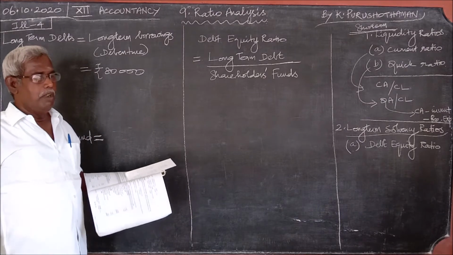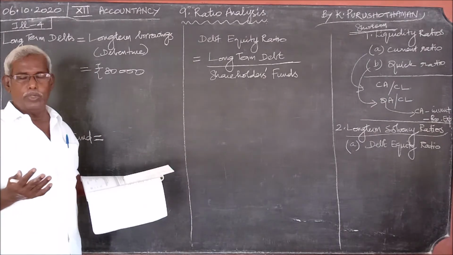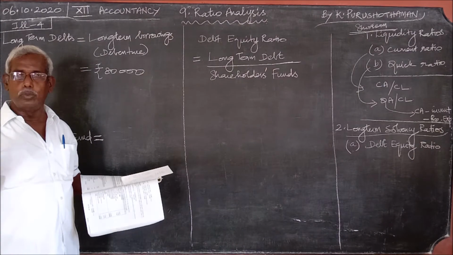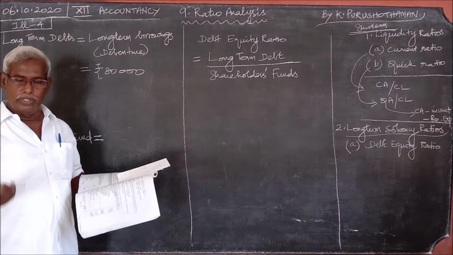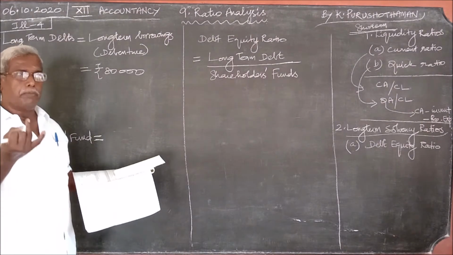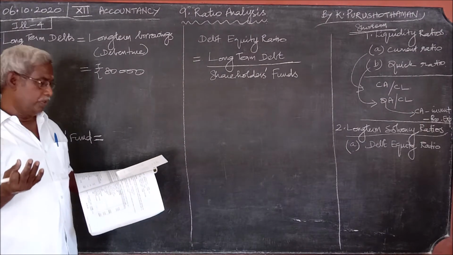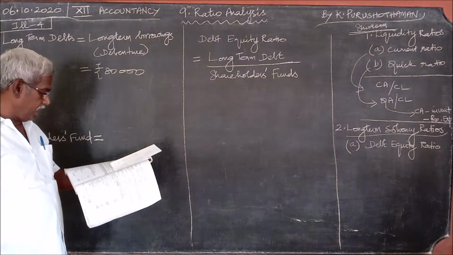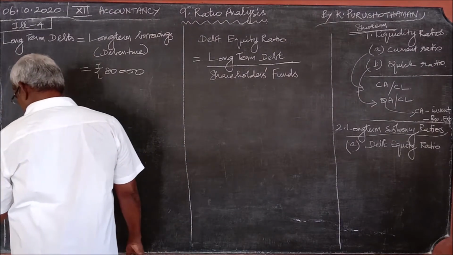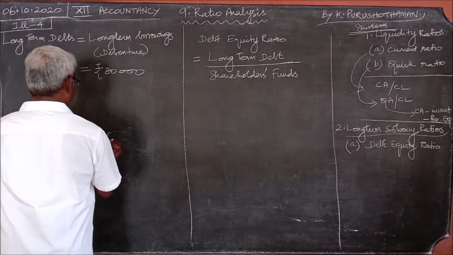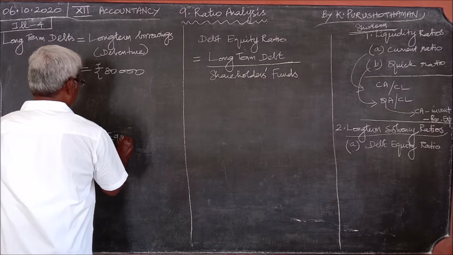Then regarding the shareholders fund, I once again remind you, different types of shares plus reserves and surplus. What are the different types of shares? Only two shares are available for you: one is the equity share, the other one is the preference shares. So, equity shares, preference shares, plus reserves and surplus. Are all these three given here? Yes, we can find the equity share capital is given in this problem.